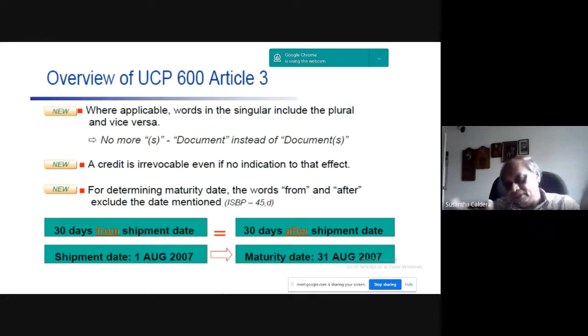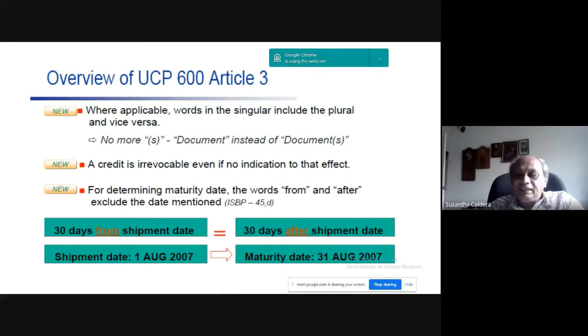Right? If the shipment date is 1st August 2007, right? 30 days from shipment date, we exclude the date mentioned. Shipment date is 1st August.